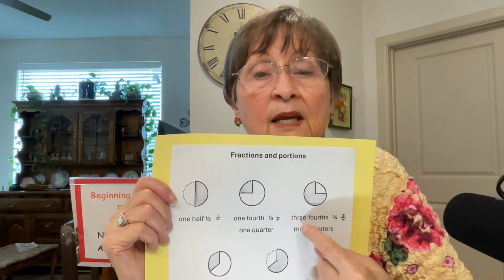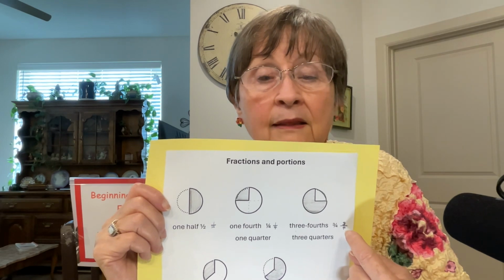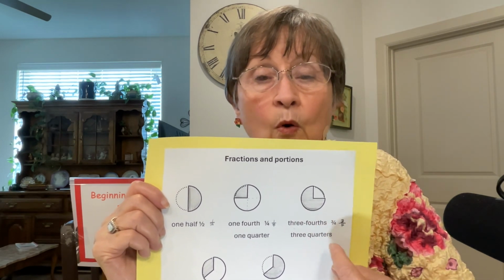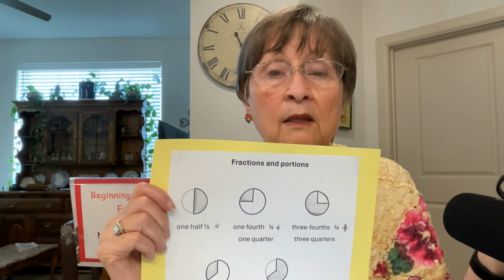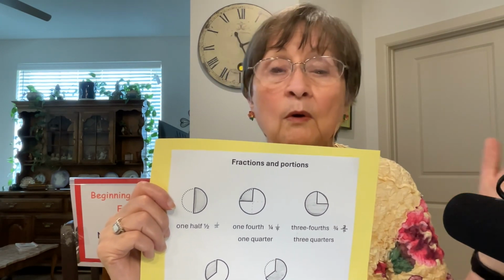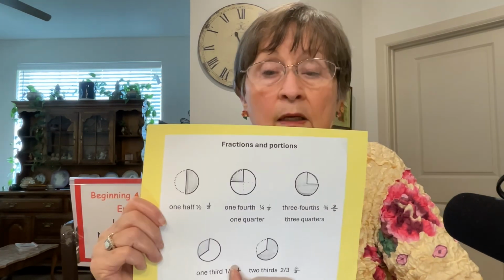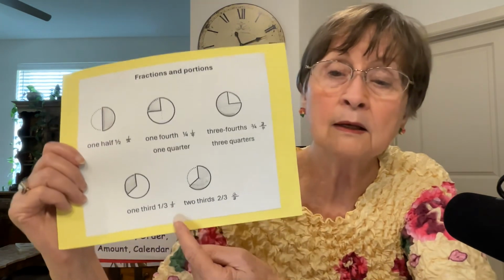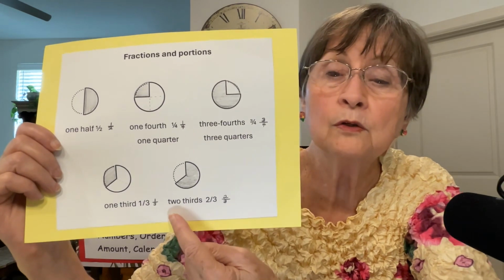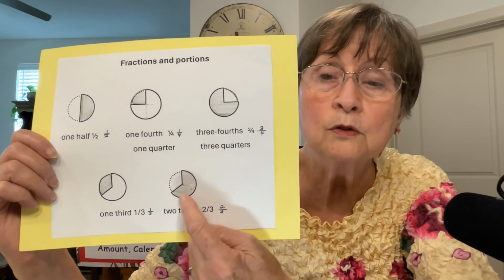Here we have three fourths, which would be typed like that or written by hand like that. Three fourths of the day we were working in the office. One fourth of the day we were outside. One third is typed this way and it's written that way. Two thirds is typed this way or written that way. So we use them with fractions.